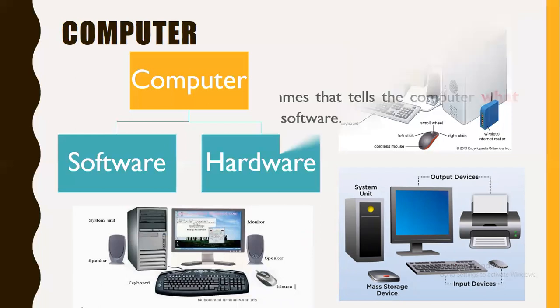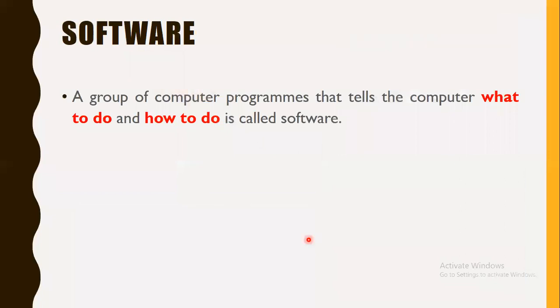Now, when we talk about the software, we should know what is the software. As we all know, software is all the things which is present inside your monitor screen. We cannot touch the software.